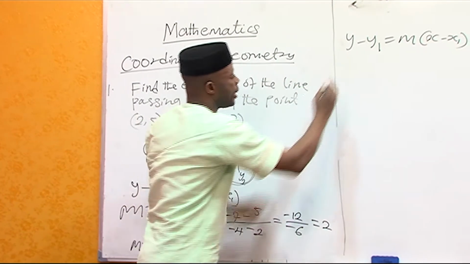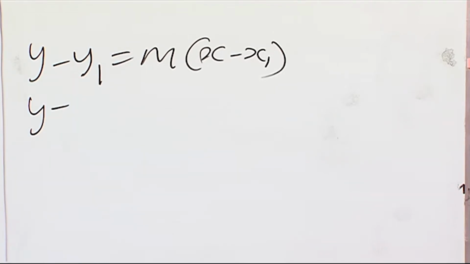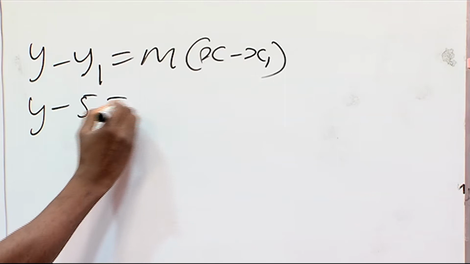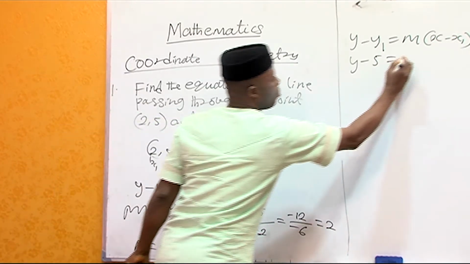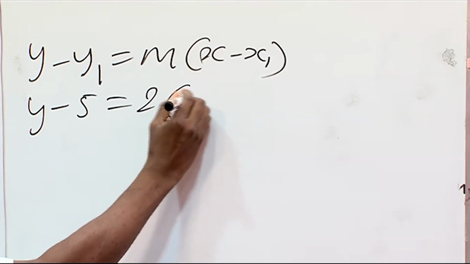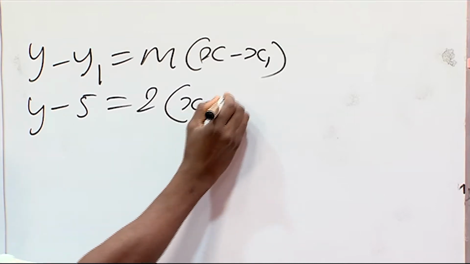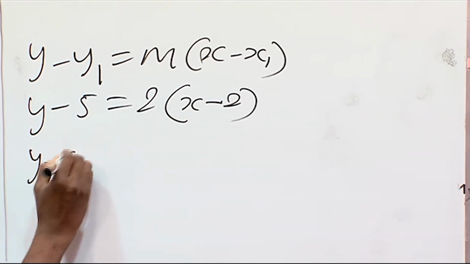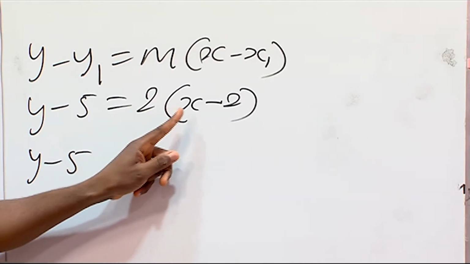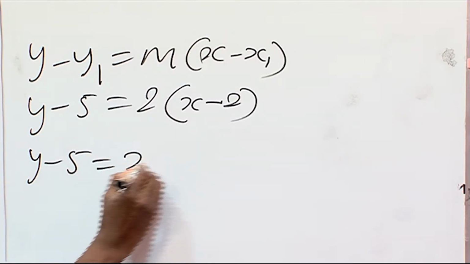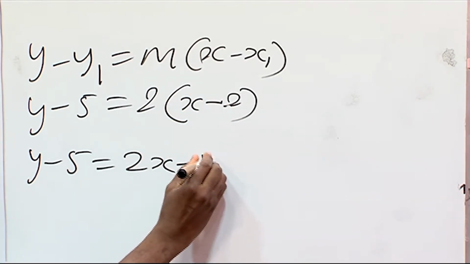So y1 is 5, m is given as 2, and x1 is 2. Now y minus 5 equals 2 bracket x minus 2. You open the bracket: 2 times x is 2x, then 2 times -2 gives us -4.